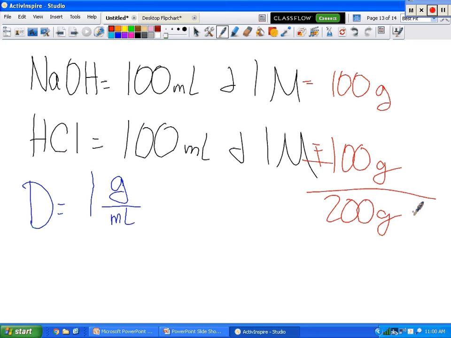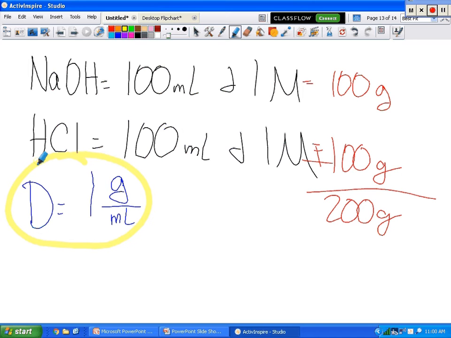Here's the part where students get messed up. What's the one number up here that can throw this entire problem into a tailspin? That number. Because what if the density's 0.75? You got to change your masses, right?